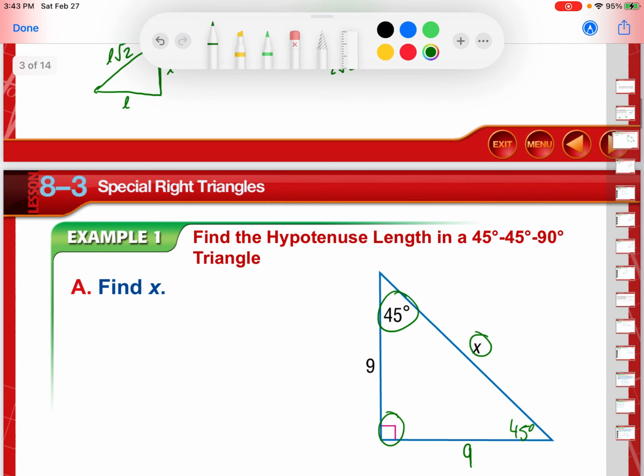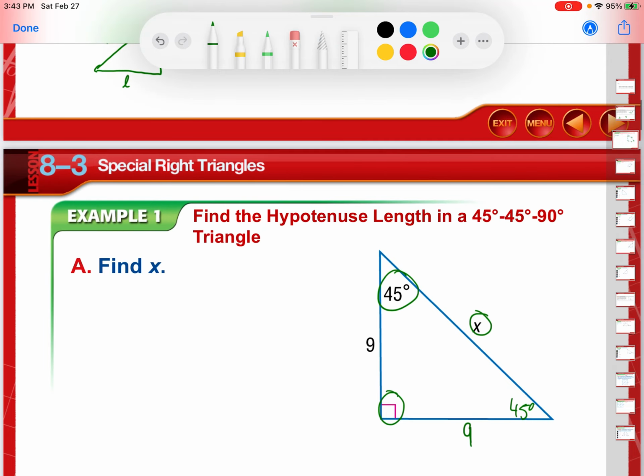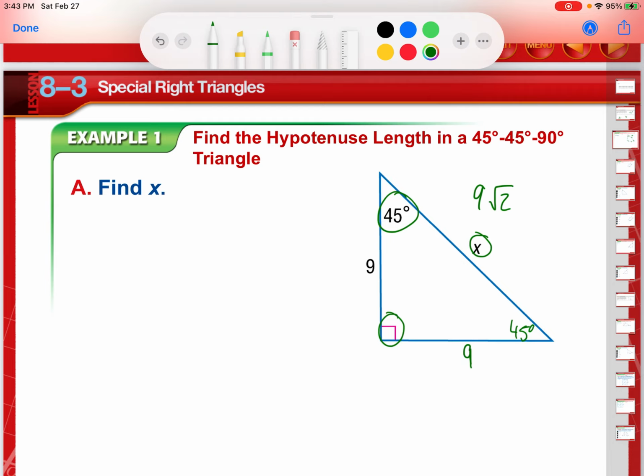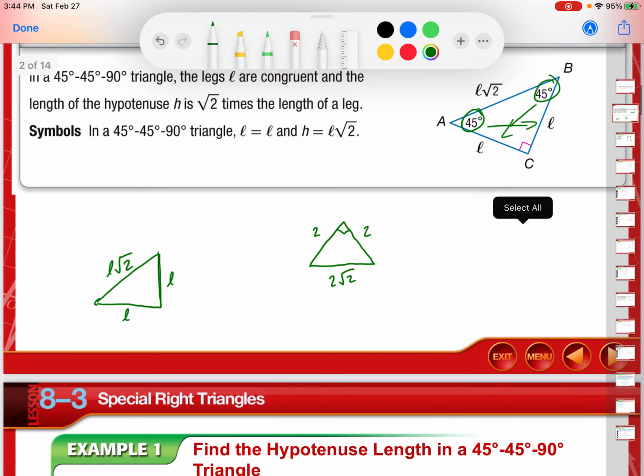Well, if we look back to our rule, we know our hypotenuse, which is x in this case, we can sum up as one of the legs, which is 9, times root 2. So 9 root 2 is going to be our x value. So we would say x equals 9 root 2. And that would be that. That's all there is to it.